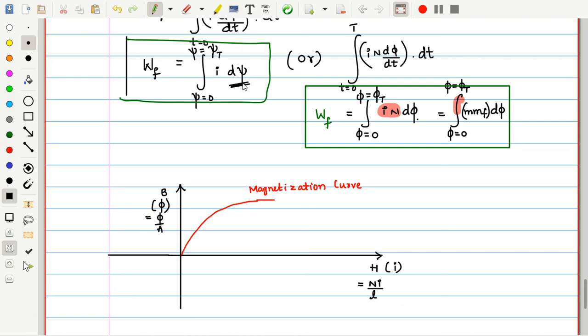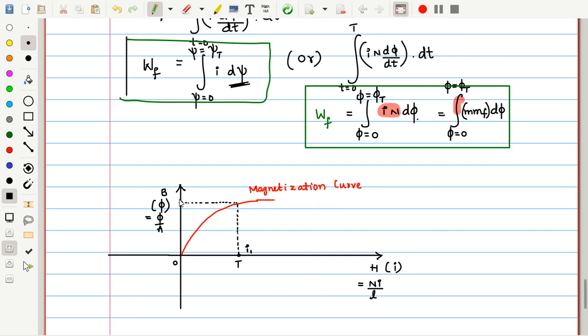Can I say this a little bit like this? It is very important, observe carefully. Let us assume that over a time interval from 0 to t, the current is raised to this value, let us say I1.